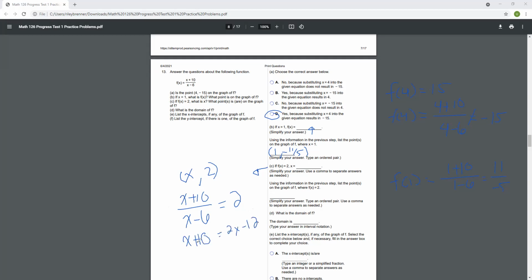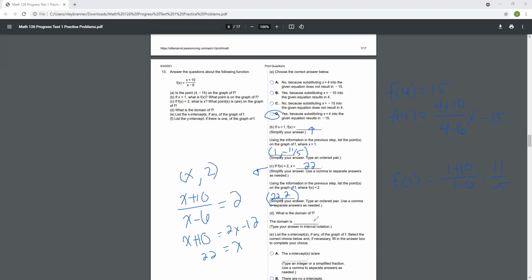I would add the 12 over here, so then we get 22, subtract this x onto the other side, which is just going to leave me with x. So that would indicate that this is 22. So (22, 2) is going to be our point. It's very important that you identify and start to get familiar with what x is denoting and what f of x is denoting and how to substitute them into the problem in order to get the correct solutions.